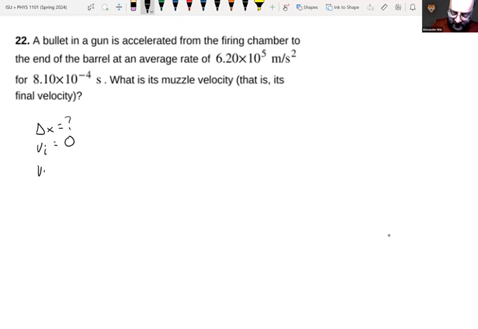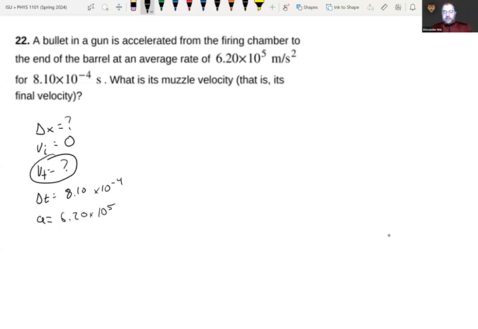Your final velocity we don't have, but that is what we want. And then we do know our change in time, the time that this took. Sometimes people will just write t, but that's 8.10 times 10 to the negative 4th. And finally, we do know our acceleration. That is 6.20 times 10 to the fifth.